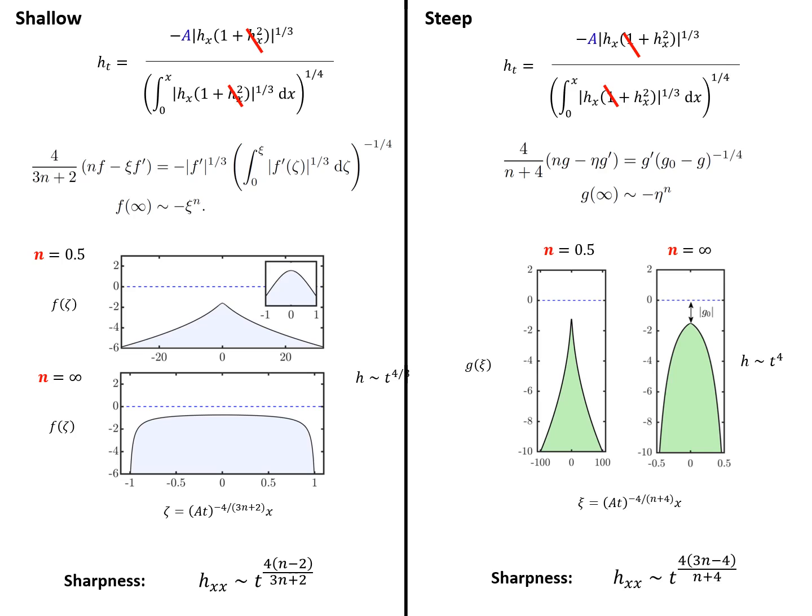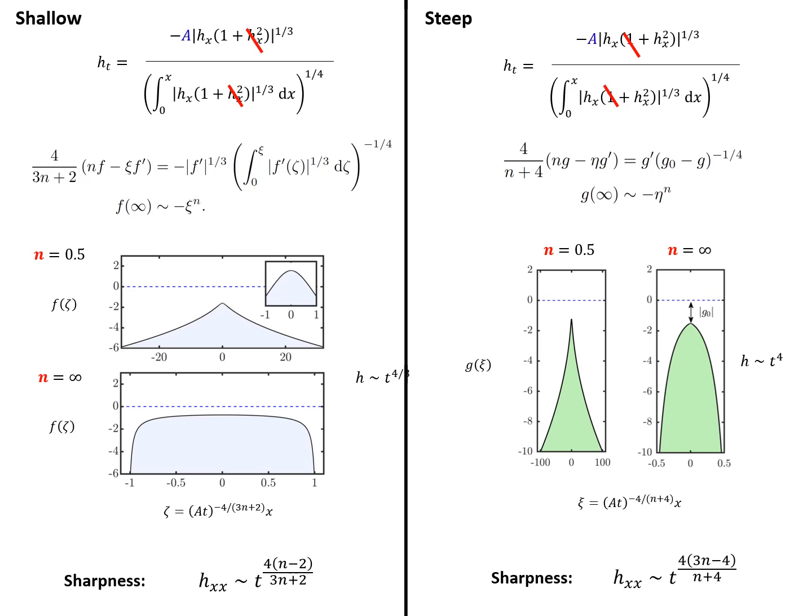And I've shown two examples of this, one for 0.5 and one for infinity, corresponding to an initially spiked or an initially rectangular body. And what's interesting is that these two similarity solutions predict different scalings. So for example, the height descends as t to the 4/3 in the shallow regime for n equals infinity, but it predicts h goes like t to the 4 in the steep regime, which agrees with the numerical predictions that I showed earlier.